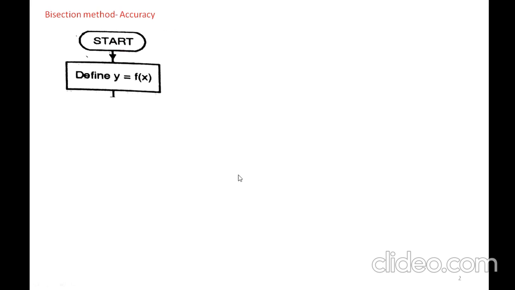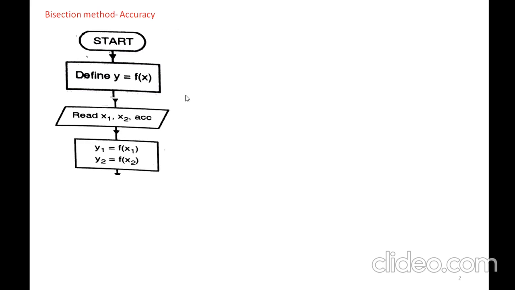Firstly, we have to define the function. That function is y, where y is equal to f of x. It is the given function. Then we have to give x1 and x2 as initial guesses and accuracy as input.